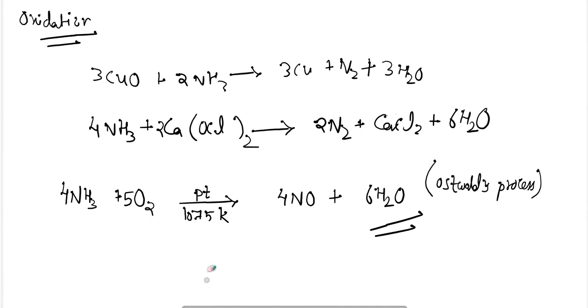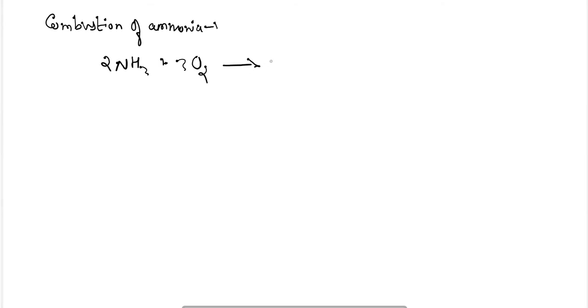Next, moving further, we will see the combustion of ammonia. When ammonia is combusted, dinitrogen and water will be produced.